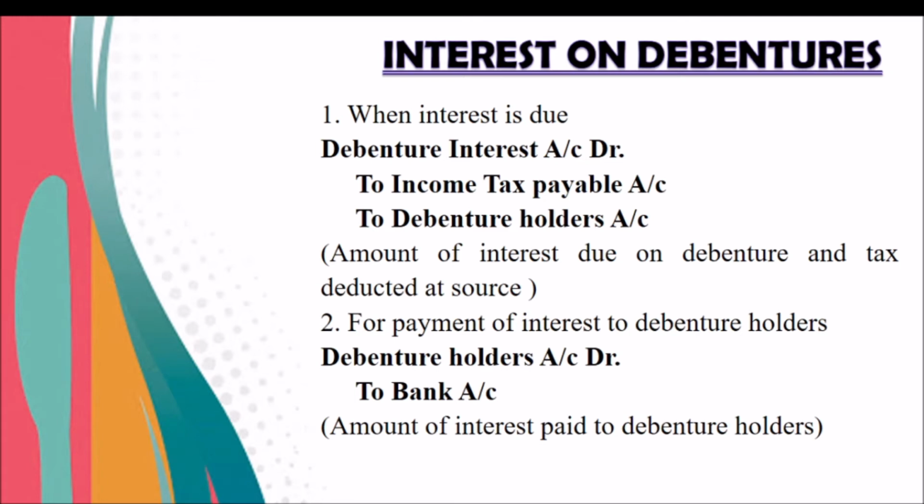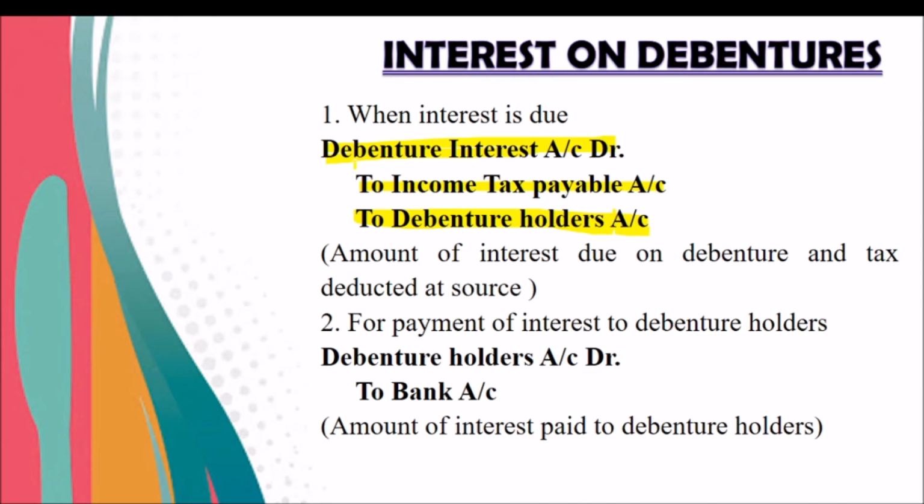interest on debenture. So the general entry related to that is debenture interest account debtor to income tax payable to debenture holders. So total interest will include the amount paid to the debenture holders and the amount of tax paid for interest to the government.